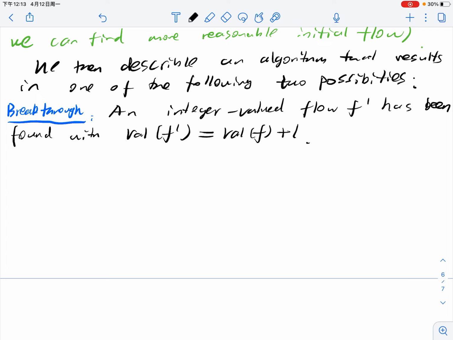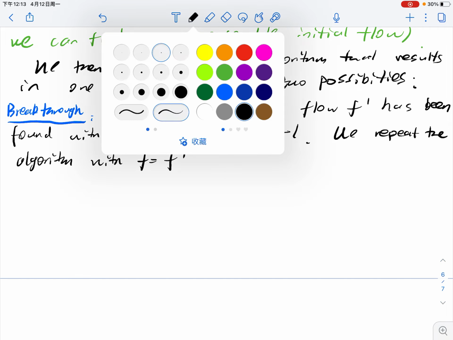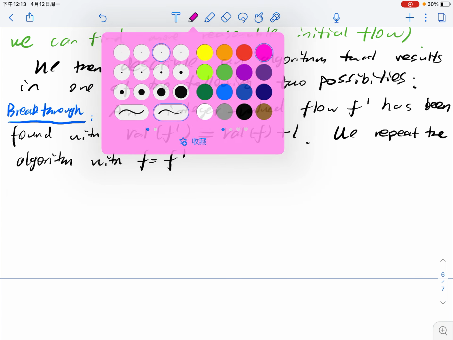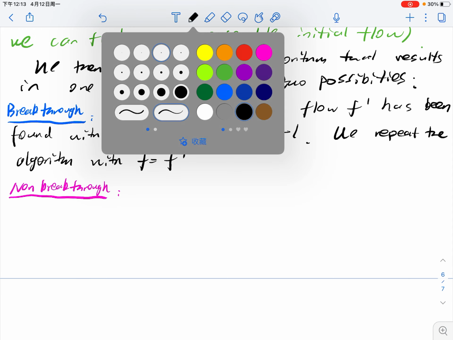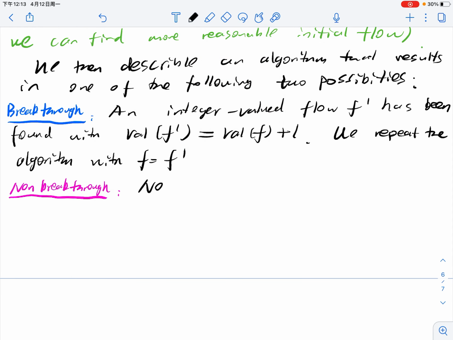Okay, if this happens, we repeat the algorithm with f equals f hat. Okay, and then the second case is non-breakthrough. So no such f hat.